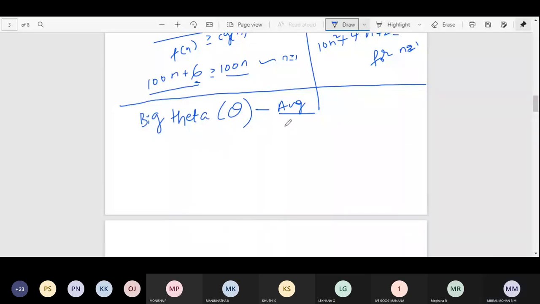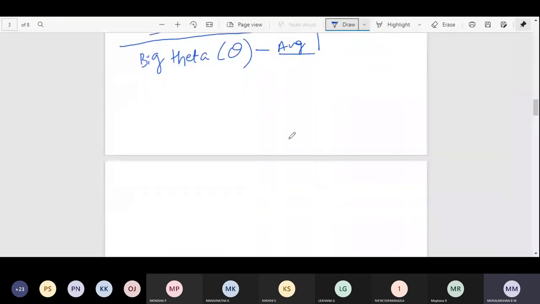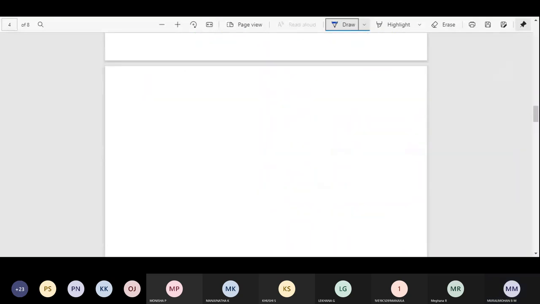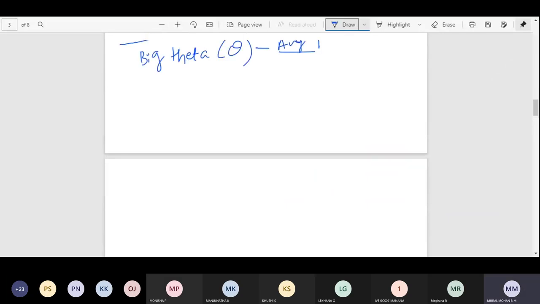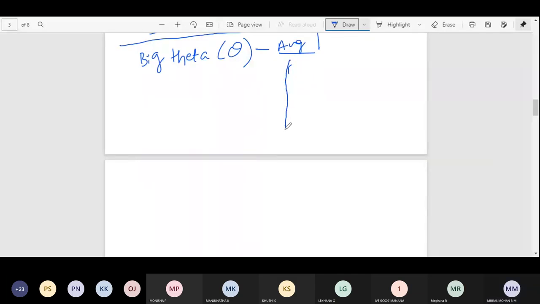Average means, as the name itself indicates, it is average case, right?